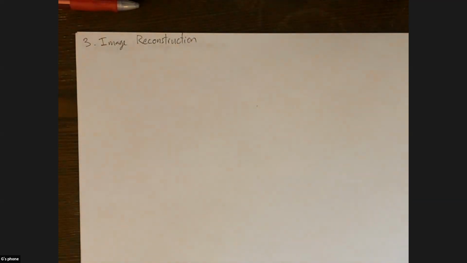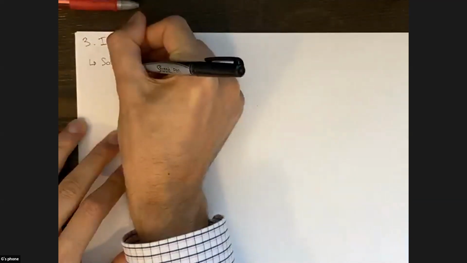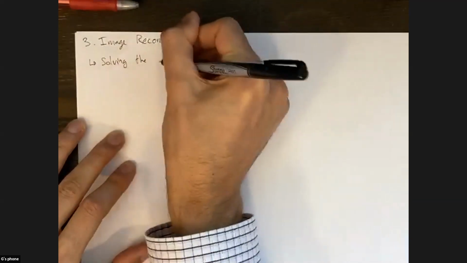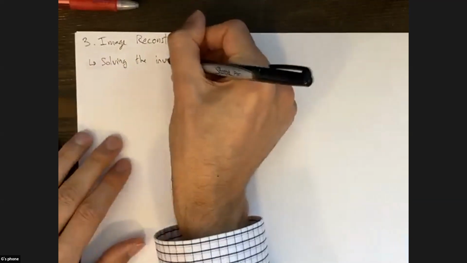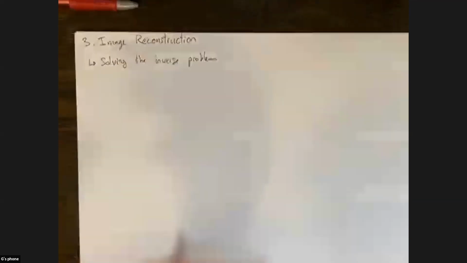All right, so now we talk about reconstruction. The goal of reconstruction is solving the inverse problem. We just talked about the forward problem, how a distribution of tracer gives rise to a sinogram.